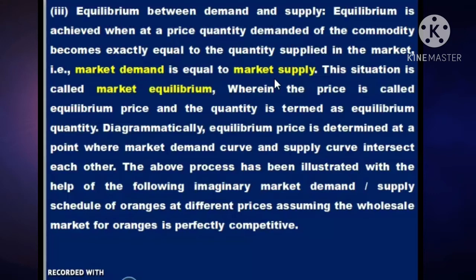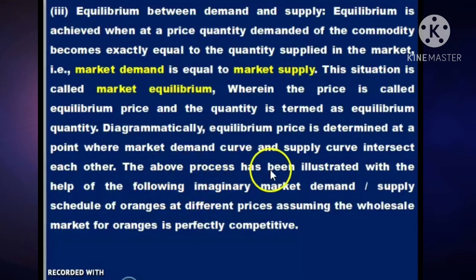That is when quantity demanded is equal to quantity supplied, that is, market demand is equal to market supply. This situation is called market equilibrium, wherein the price is called the equilibrium price and the quantity is termed the equilibrium quantity. Diagrammatically, the equilibrium price is determined at the point where the market demand curve and market supply curve intersect each other.